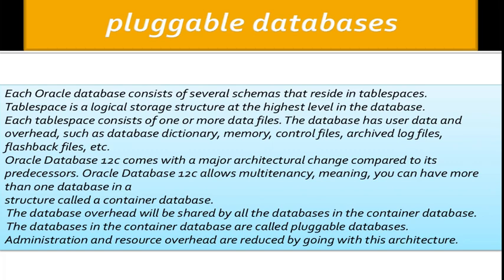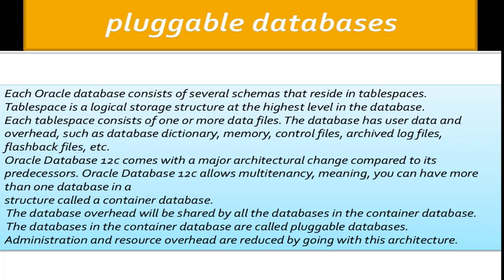Oracle Database 12c comes with a major architectural change compared to its predecessors. Oracle Database 12c allows multi-tenancy, meaning you can have more than one database in a structure called a container database. The database overhead will be shared by all databases in the container database.